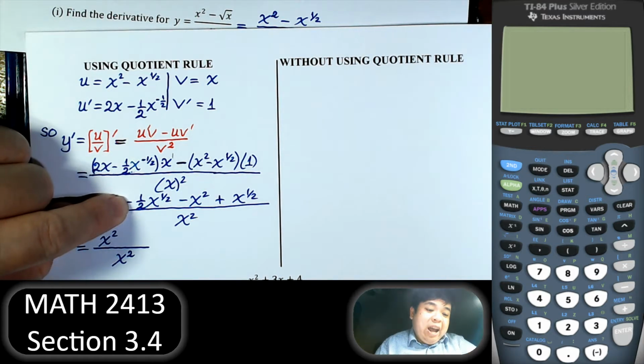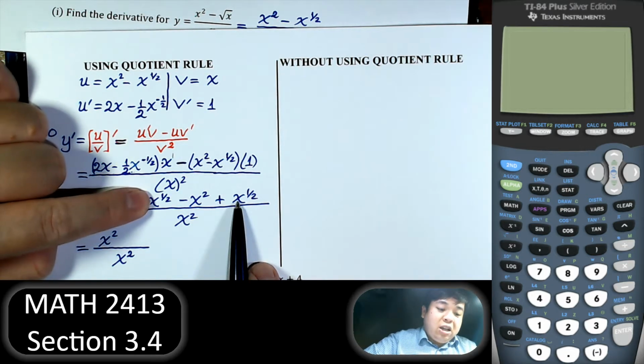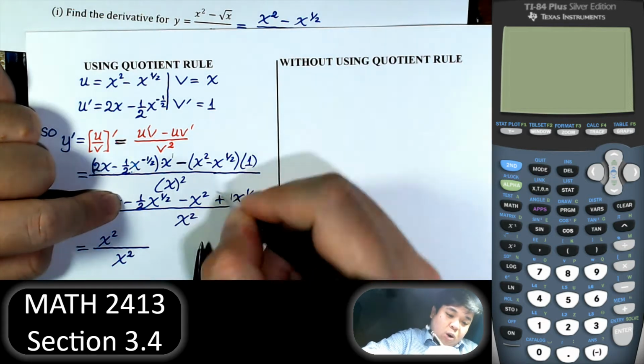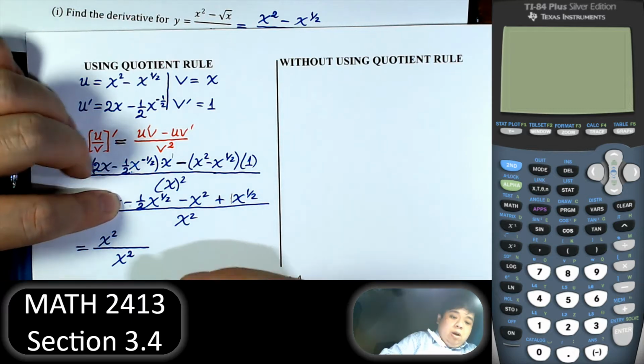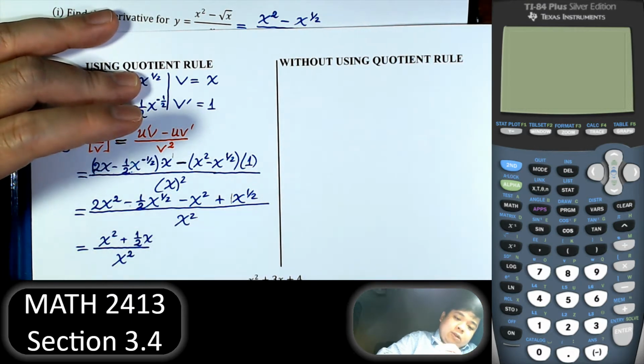And then minus 1/2 plus 1, those are like terms, x to the 1/2 minus 1/2, by default is 1, negative 1/2 plus 1 gives us positive 1/2, x to the 1/2.